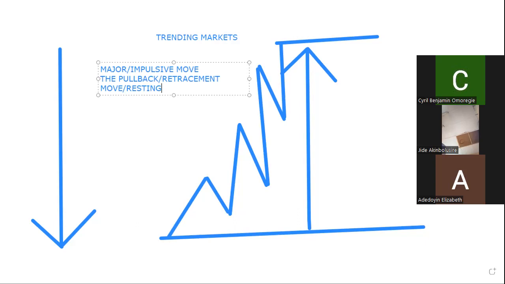While the pullback move is the move that goes opposite of the impulsive move. The pullback or retracement, like we call it, is the move that goes the opposite of the impulsive move, full stop. Now let me explain it this way.